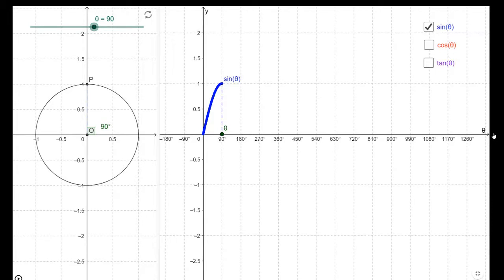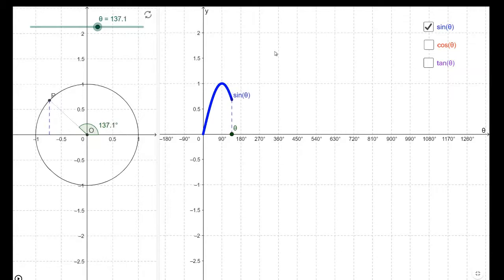Now let us keep going, and we see that the theta value increases and increases, and now theta is approaching 180 degrees.